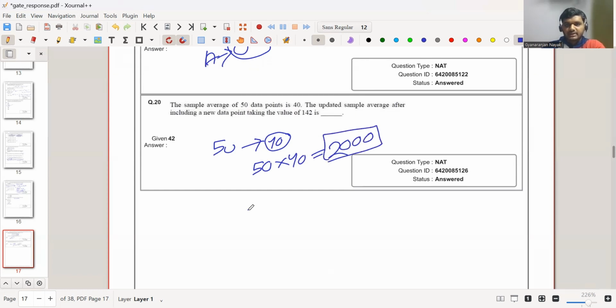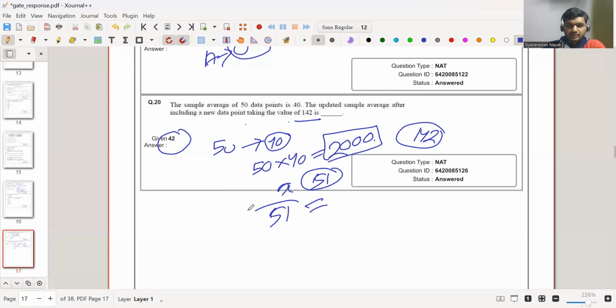Okay, the updated sample average after including a new data point taking the value 142. So the answer is 42, because if you add, that is 2142, and divide by 51, the answer is 42. Okay. So next, we proceed to the next.